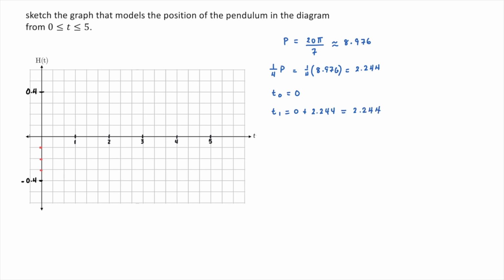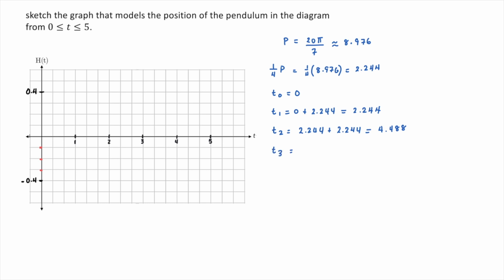Then t sub 2 will be 2.244, the previous t value, plus 1/4 of the period, 2.244. This will give us 4.488. And then that's already getting quite close to 5.